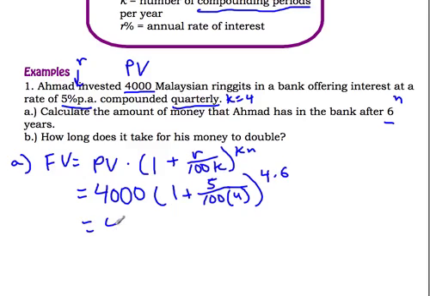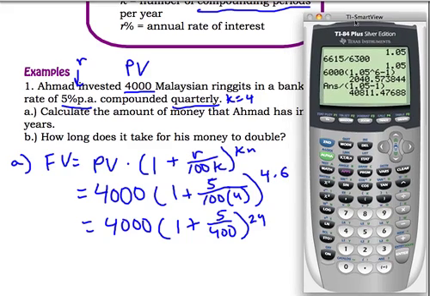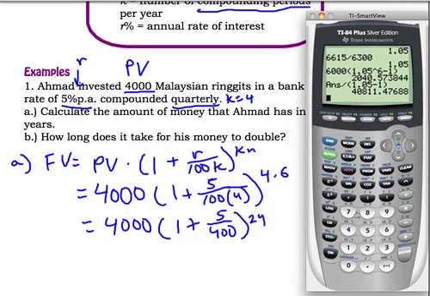Let me simplify it a bit, and then I'm just going to type it into the calculator. So this is 1 plus 5 out of 400 to the power of 24. So if I type that into my calculator, then I should get the correct answer for the amount of money he makes in 6 years. So we have 4,000 times, in brackets, 1 plus 5 divided by 400, to the power of 24.